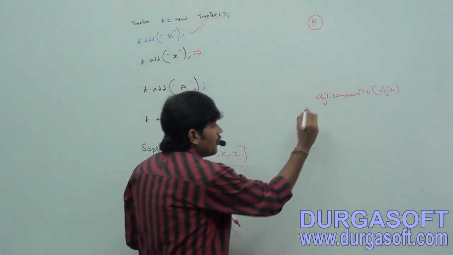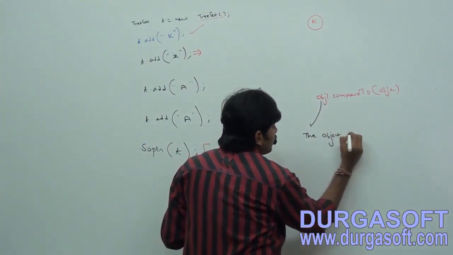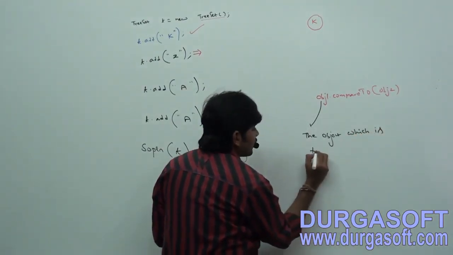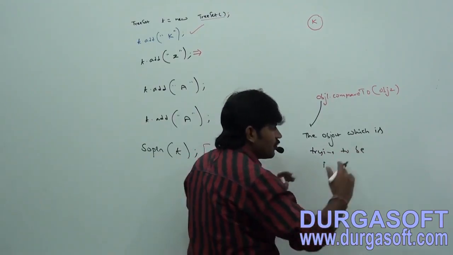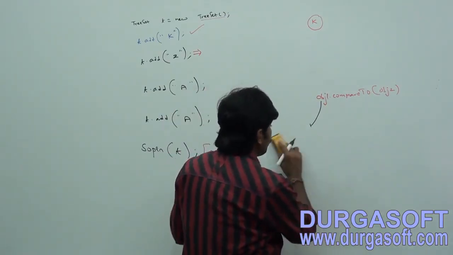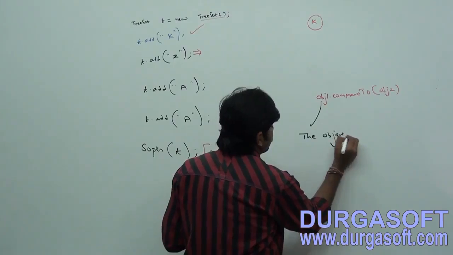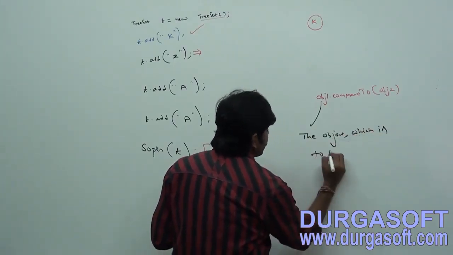Remember this: obj1 means the object which is trying to be inserted, the object which is to be inserted.